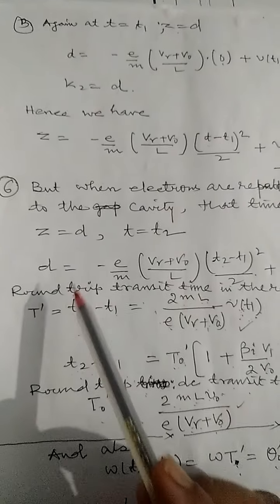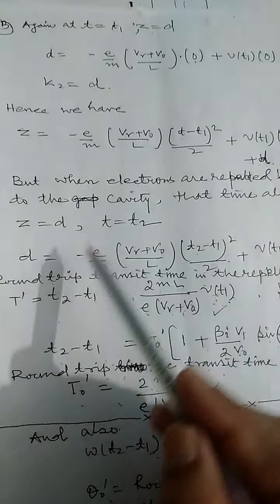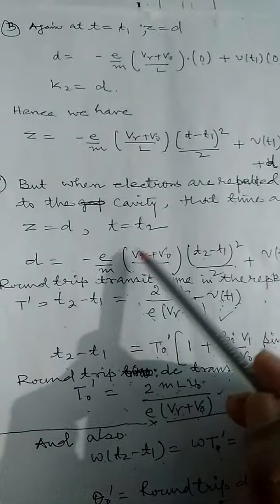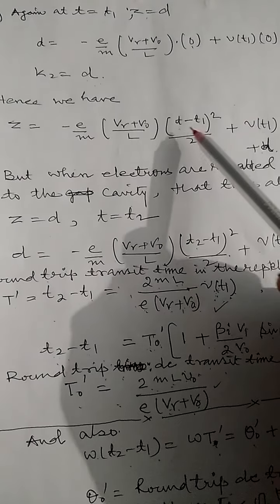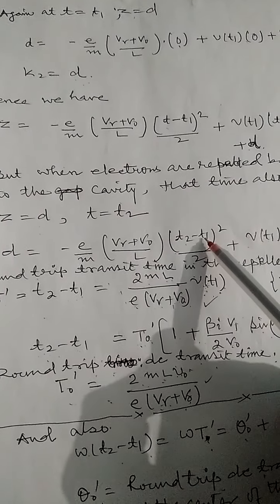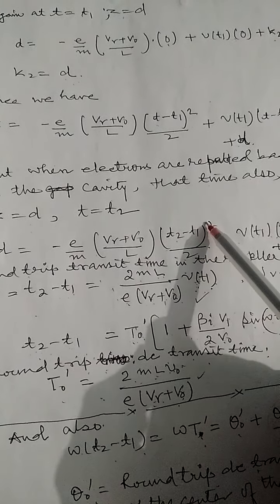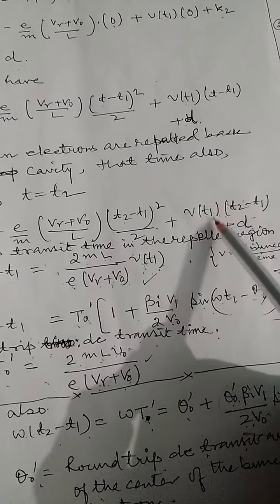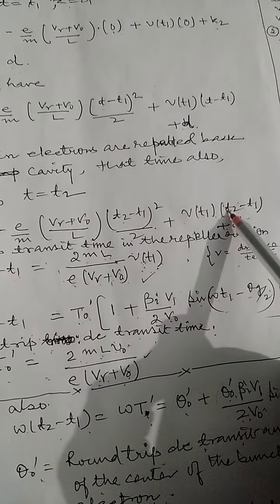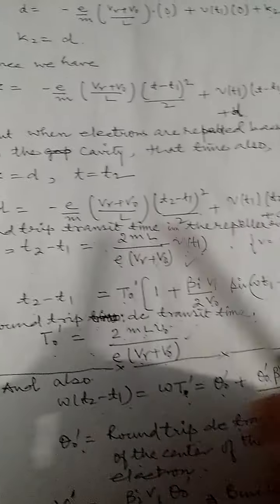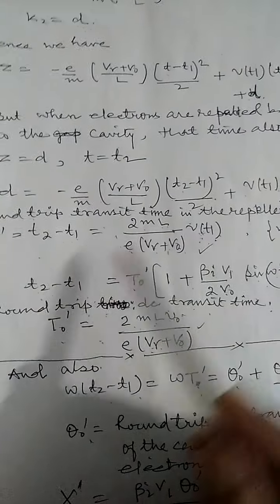As we place z is equal to d, this equation becomes d is equal to minus e by m, (vr plus v naught) divided by l, and in place of t we place (t2 minus t1) squared divided by 2, plus v of t1 into (t2 minus t1), plus d. The d and d both cancel, and then we can calculate t2 minus t1.